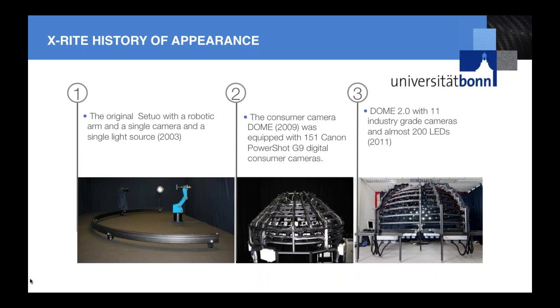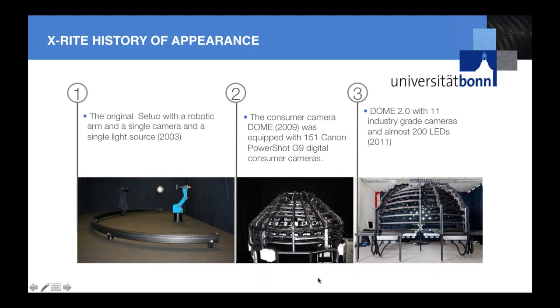They had some students who had been getting into appearance and what that looks like. They originally had a pseudo setup with a robotic arm and a single camera, with a half semicircle where they tried to move the camera around the object and figure out, with a single light, what it looks like, using an arm and a movement. And that was back in 2003.